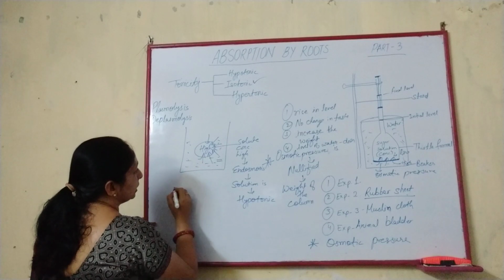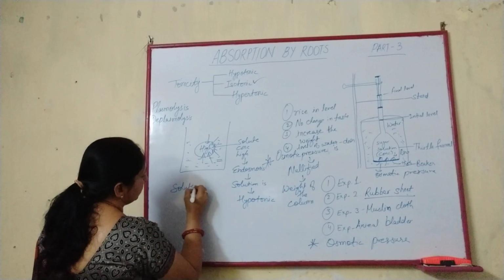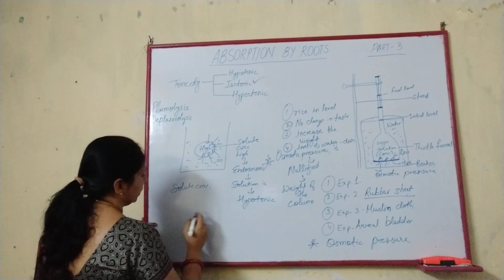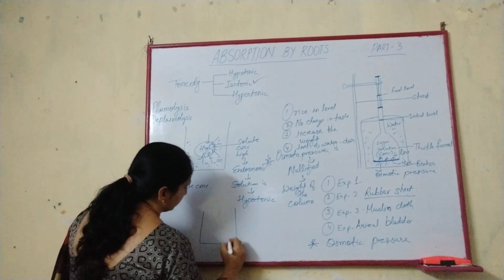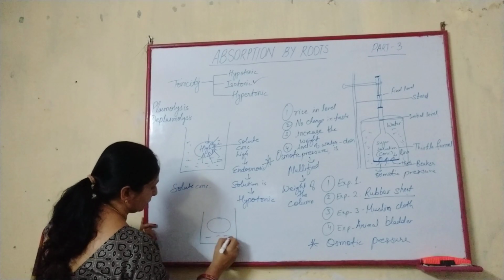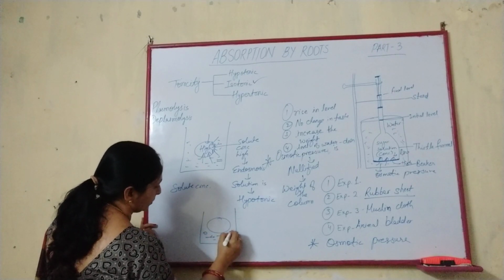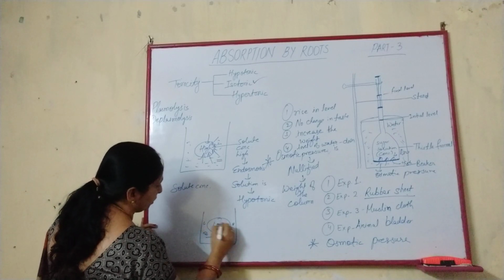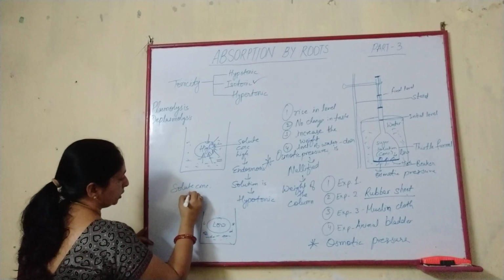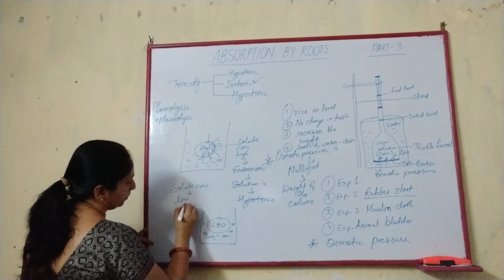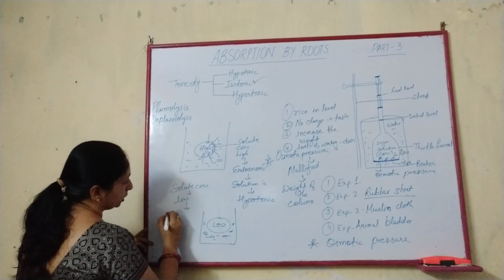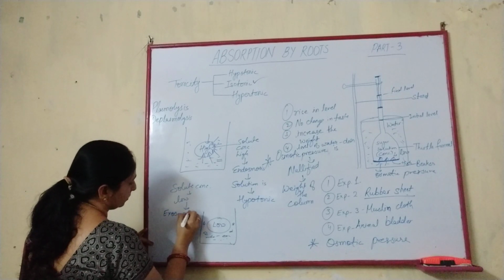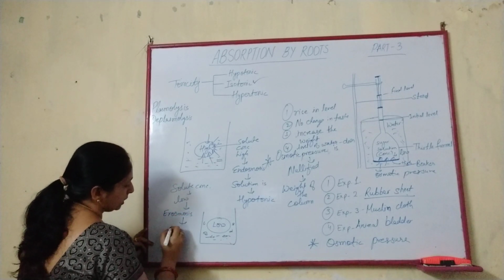Then next, if the solute concentration is low in the cell sap and high in the solution, then exosmosis takes place.